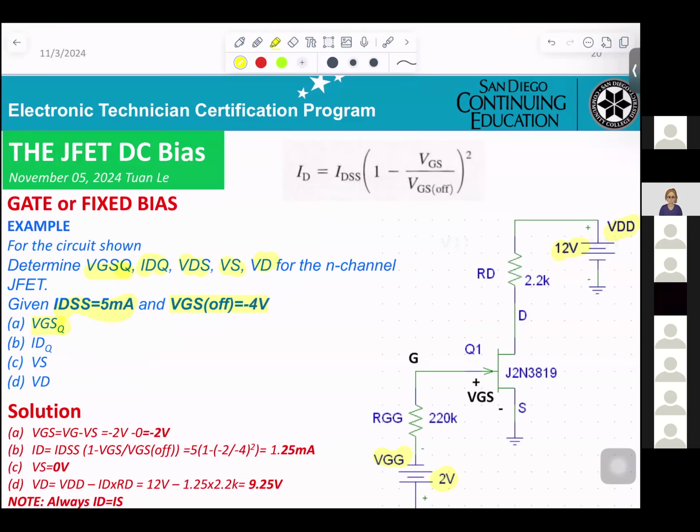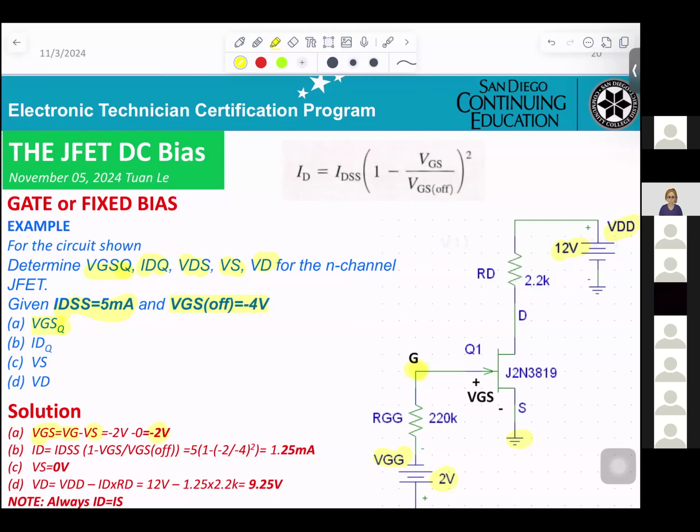Okay, the formula, the solution: VGS equals VG minus VS. VG here is minus 2 volt. VS here is 0. That's why you get minus 2 volt.